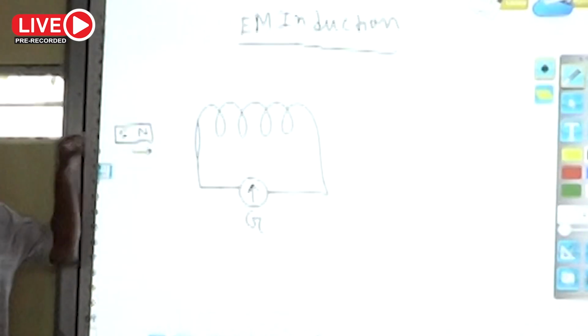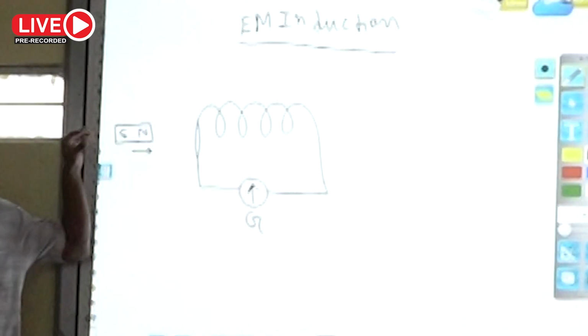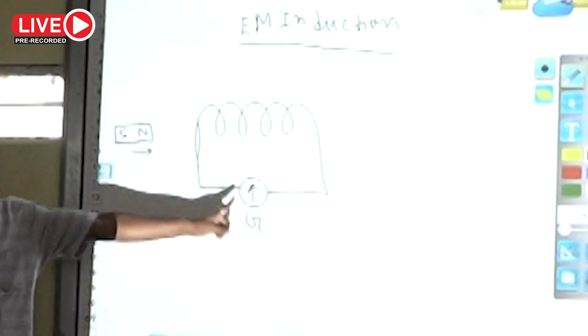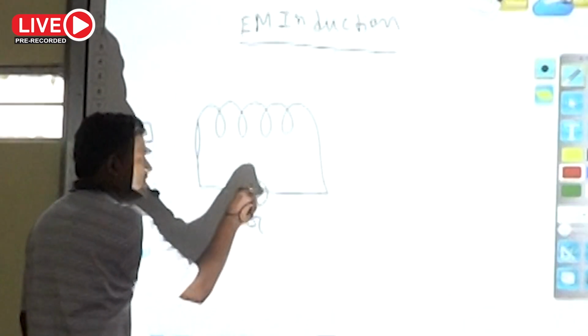As soon as the bar magnet starts moving towards the stationary coil, you will notice that there is a deflection in the galvanometer. Means some current flows through the galvanometer. Suppose the deflection is on the right side.